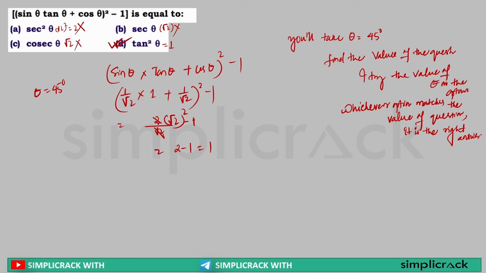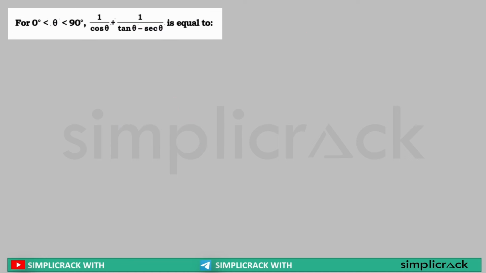Yes. Now, before you start solving this question, let me tell you something. See, I told you sec square theta minus tan square theta is equal to 1. A square minus b square can also be written as (a plus b) into (a minus b), which is equal to 1.